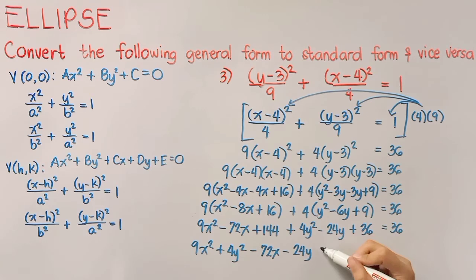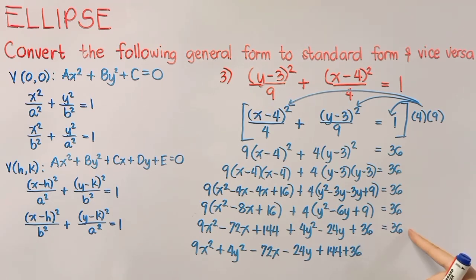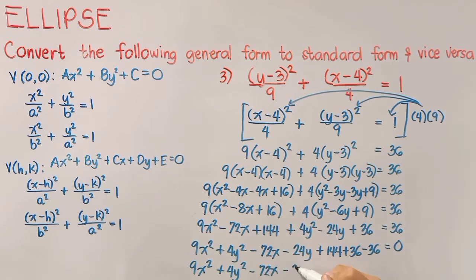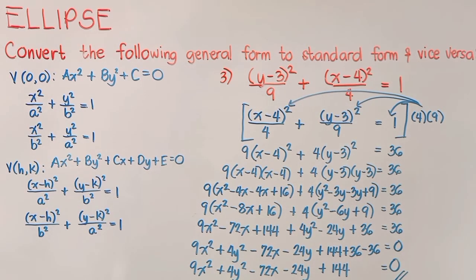So we will be writing all of the constants, 144, 36, and 36 on this right side will be transposed to the left side so that we will have 0 on the right side. Our constants here can still be simplified, so we'll simply copy everything and then perform 144 plus 36 minus 36 is equal to positive 144, and this is our final answer.